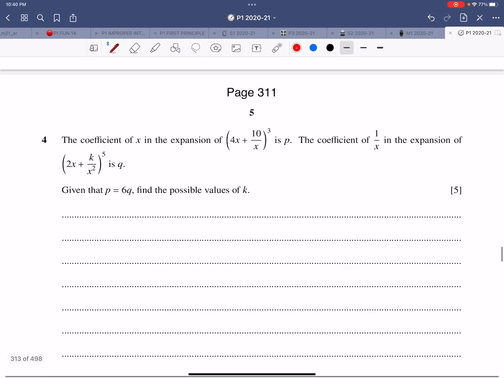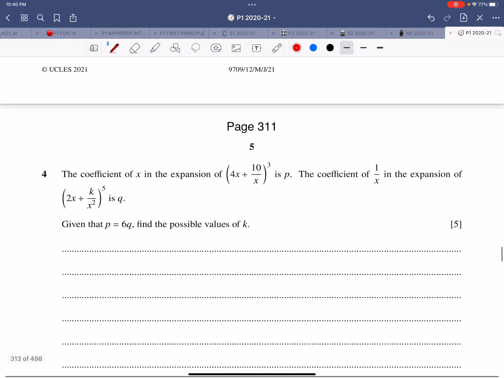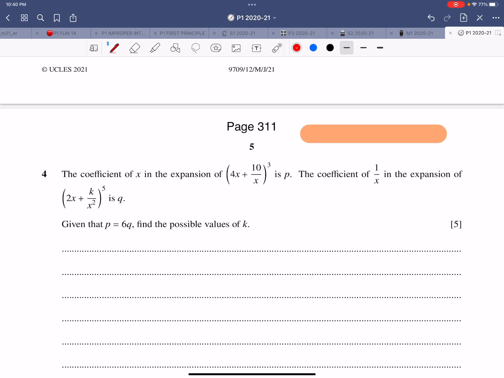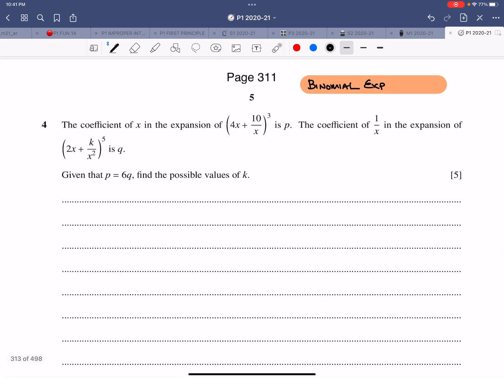3 questions down. Now it says the coefficient of x. Now this is a traditional binomial question. So this is binomial expansion of P1 naturally. And it says the coefficient of x in the expansion of such and such is P. So first of all, write this thing as 4x plus 10 over x, the whole thing cubed.